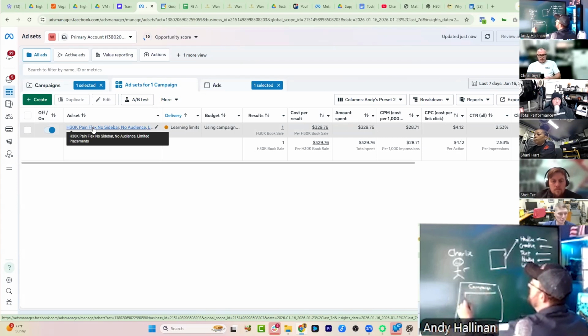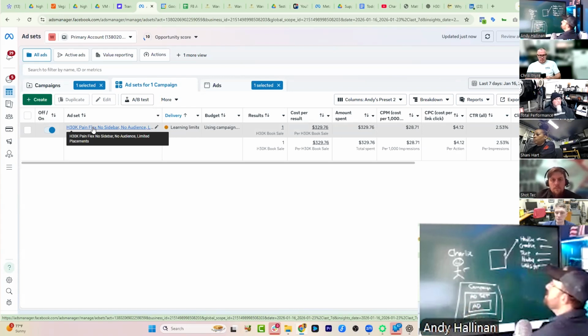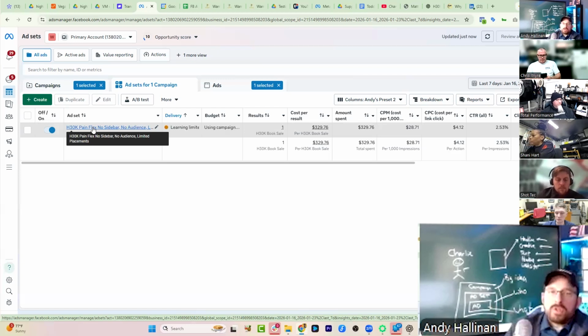Then the next layer down is your ad set, and then your next layer down is your ad. Campaign is the big idea. Ad set is who we're targeting. Ad is what they see.